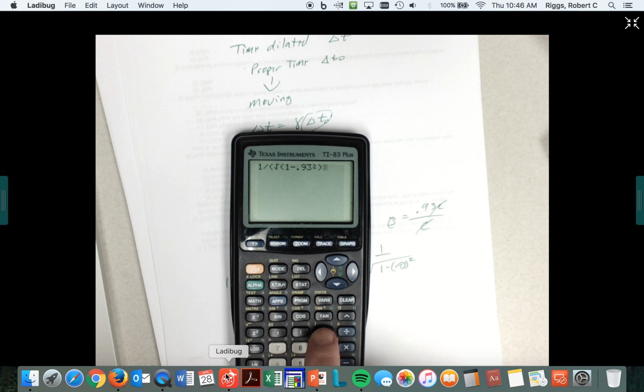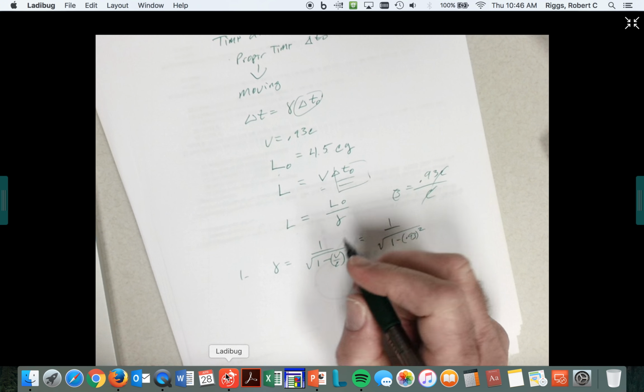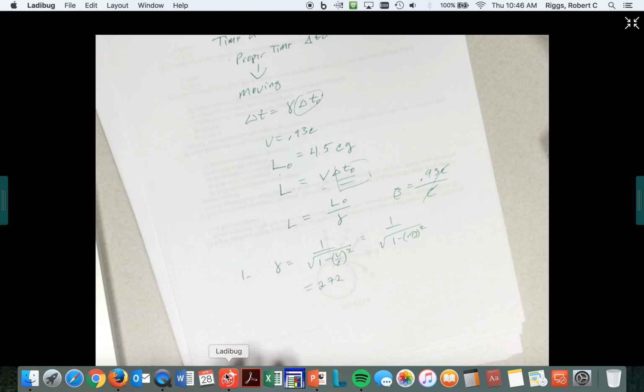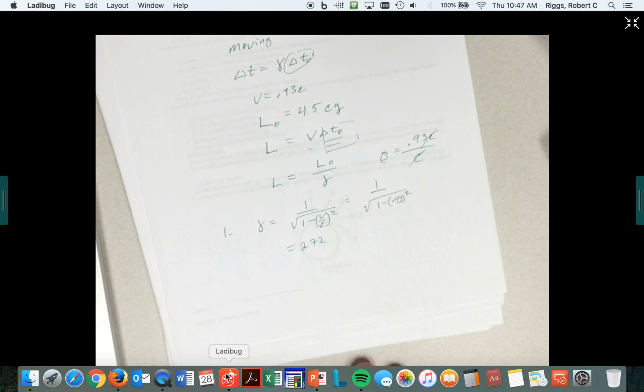Close the parentheses, close it again. Boom, I get 2.72. So gamma is equal to 2.72.